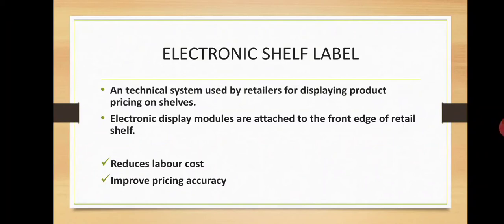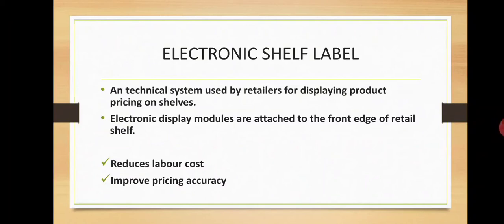The price of the products and offers is displayed below the product, on the shelf. With the technology called electronic shelf label, the price of the product and the offers on the product can be displayed through LED lights or an LED label. Electronic display modules are attached to the front edge of a retail shelf.